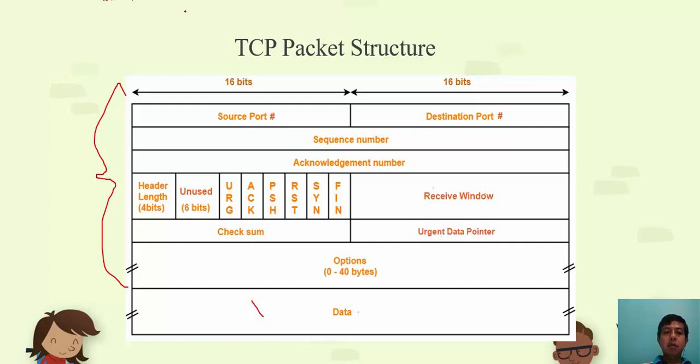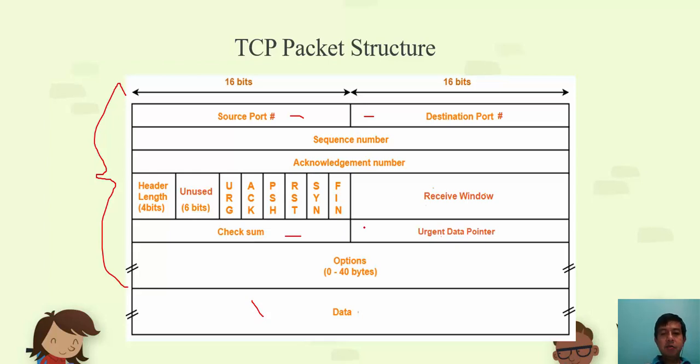Now if you look at this TCP packet, you have many more fields. Some of the information is similar. For example, the source port and the destination port were also present in the UDP segment. Apart from this, you can see many other fields.